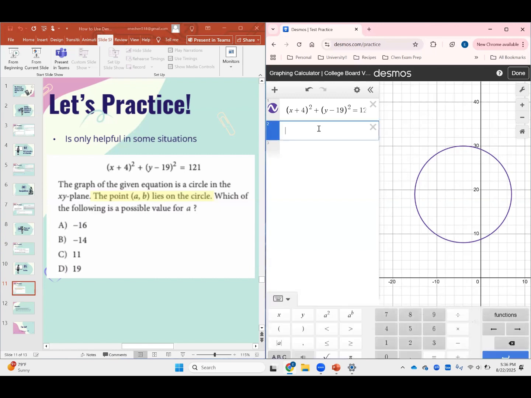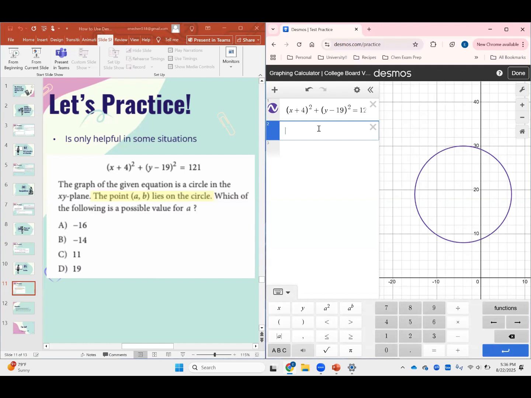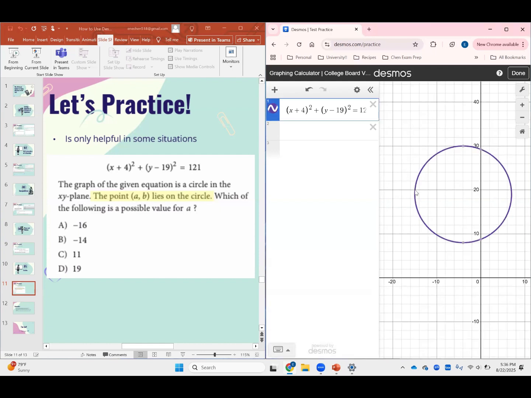Now, you could go in and put every single x value into Desmos and then see which one lines up. But you can just click over here and check the minimum x value and then the maximum x value that the circle has, basically its range or domain.